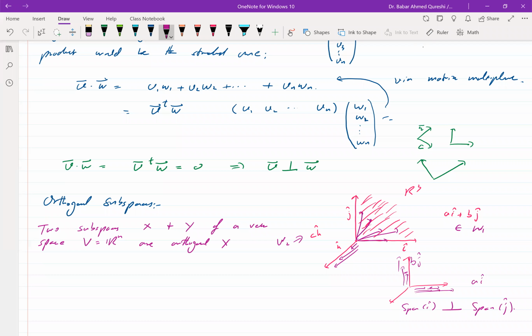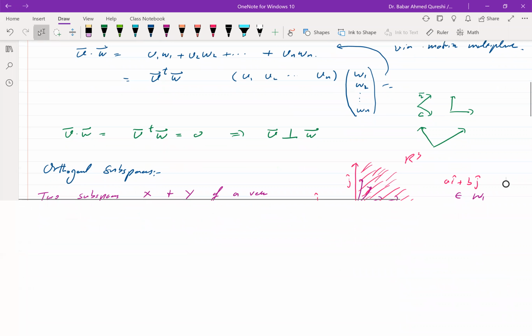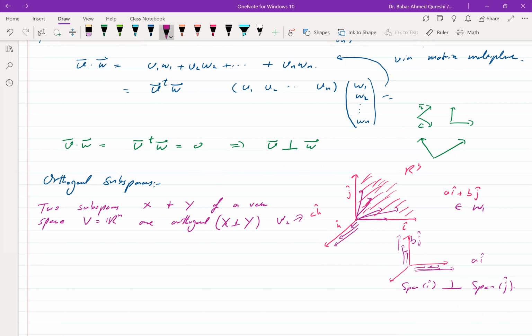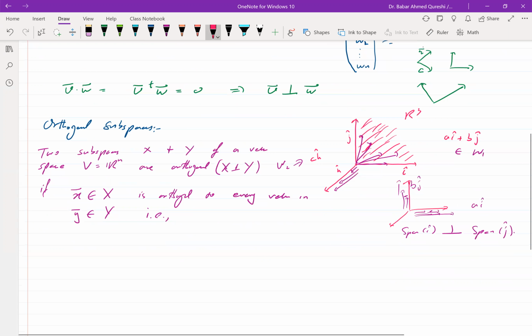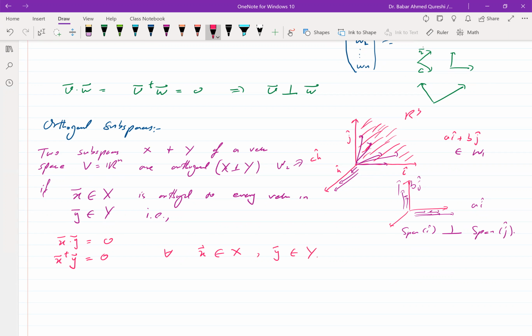This is just a definition, and I'll write it with this symbol, X is orthogonal to Y. Two subspaces X and Y of a vector space are orthogonal if every vector in X is orthogonal to every vector in Y. That is, X dot Y is 0, or in other symbols, X transpose Y is 0, for all X belonging to this space and for all Y belonging to the other space.